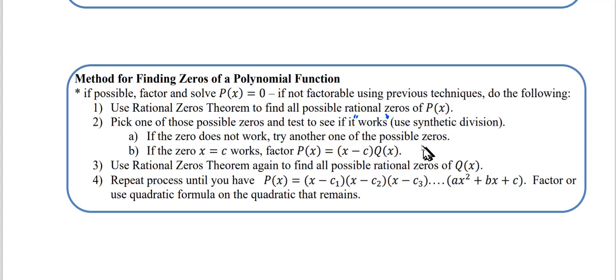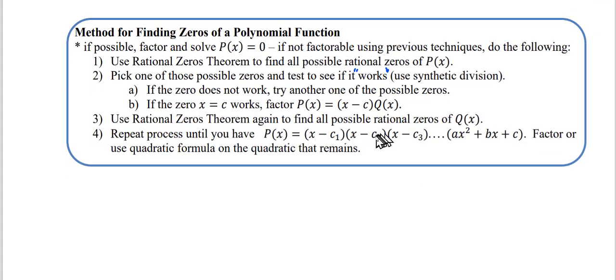If it doesn't work, you have to try another one from your list. If it does work, then you can factor what you are given into x minus that number times some other polynomial. That other polynomial will come from your synthetic division. Then use your rational zeros theorem again to find possible rational zeros of what is left there.